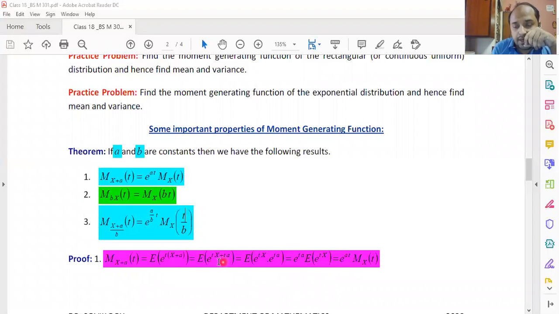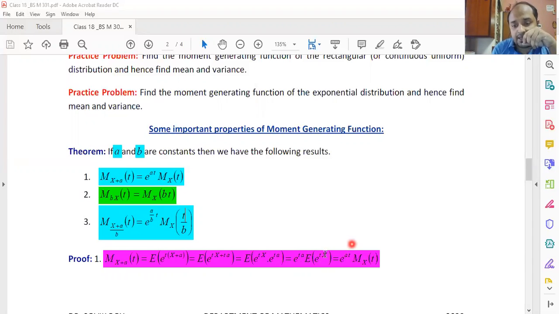I'm breaking the exponent into 2 parts, e to the power tX into e to the power ta. But you know that if a constant is present inside the expectation sign, it can be taken outside. So e to the power at is a constant. It is being taken outside the expectation sign. And therefore, I'm getting e to the power ta, expectation of e to the power t multiplied by the random variable X. See how easy it becomes.